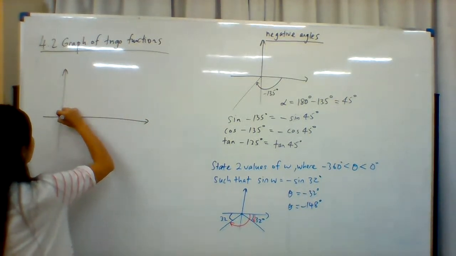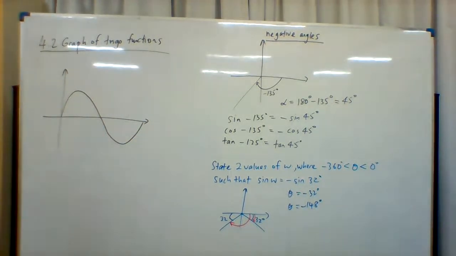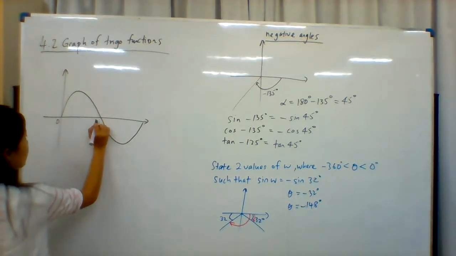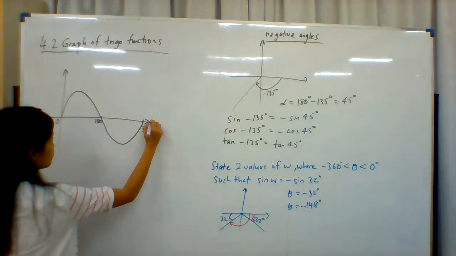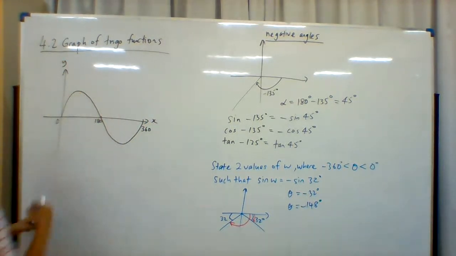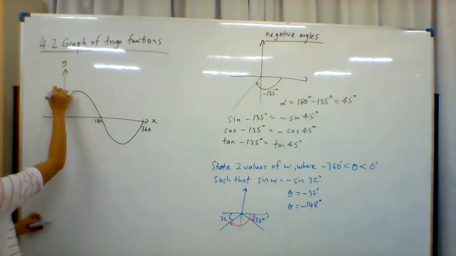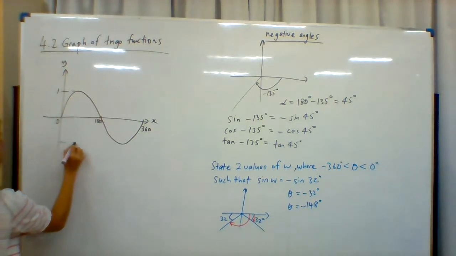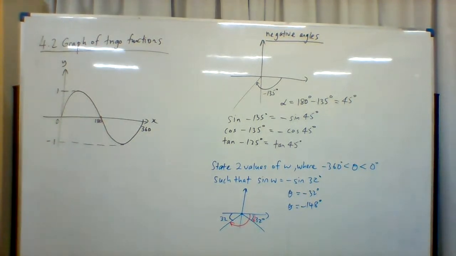When you have y equals sine theta, the shape will be an S shape like this, whereby it cuts the x-axis at 0, 180, and 360. Your maximum will be 1, your minimum will be negative 1.